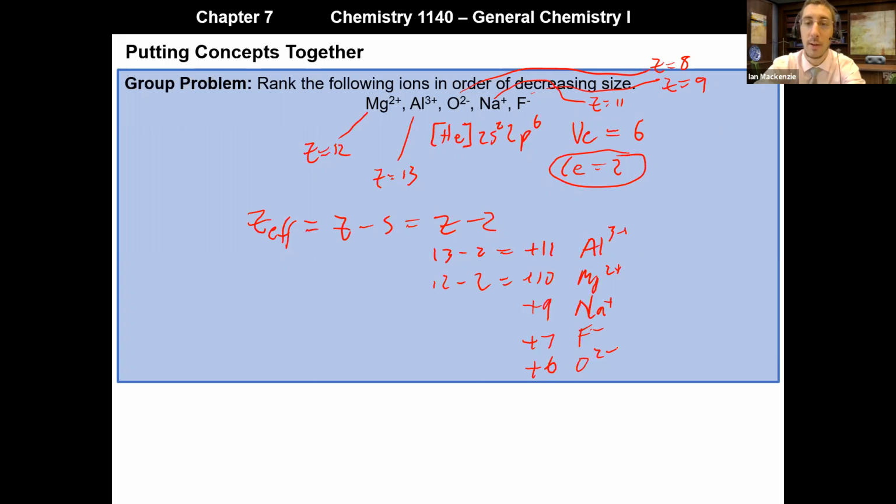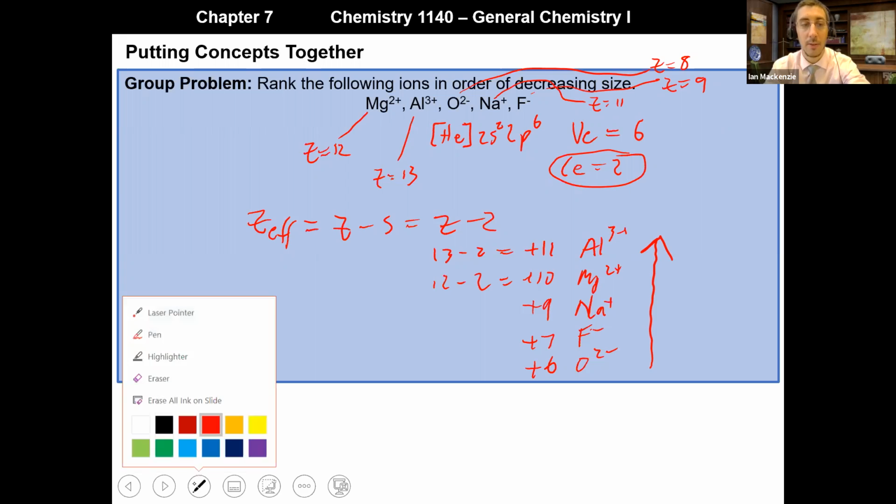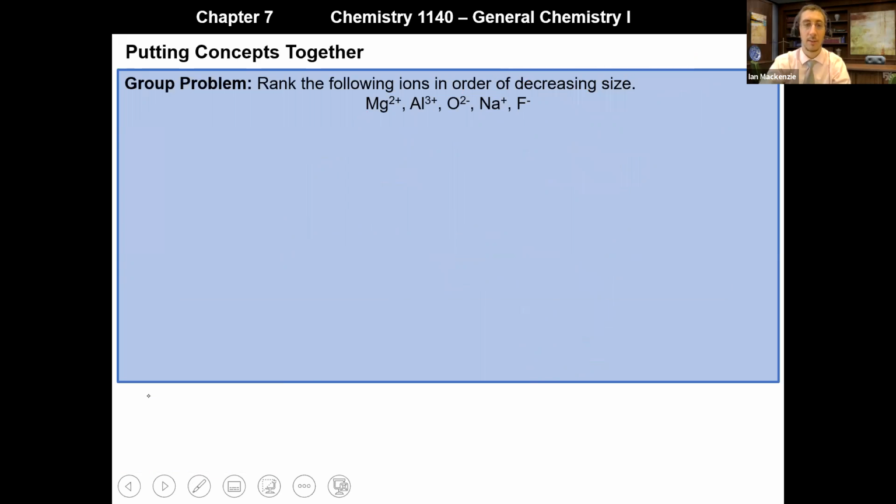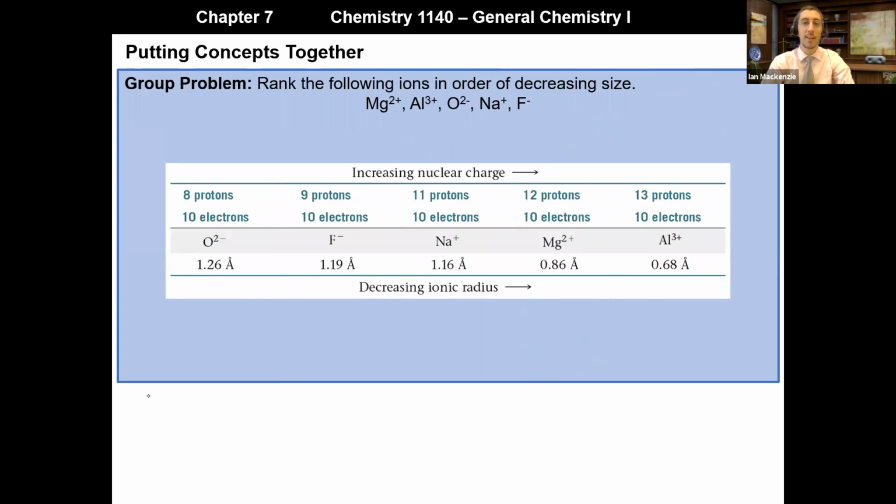So in order of decreasing size, we can draw them like this. Now, let's take a look at the actual values here. Aluminum 3+ is at 0.68 angstroms, and oxygen is all the way up at 1.26 angstroms.